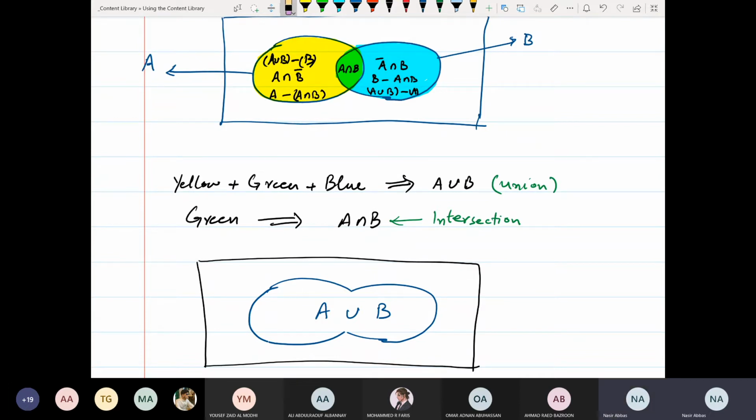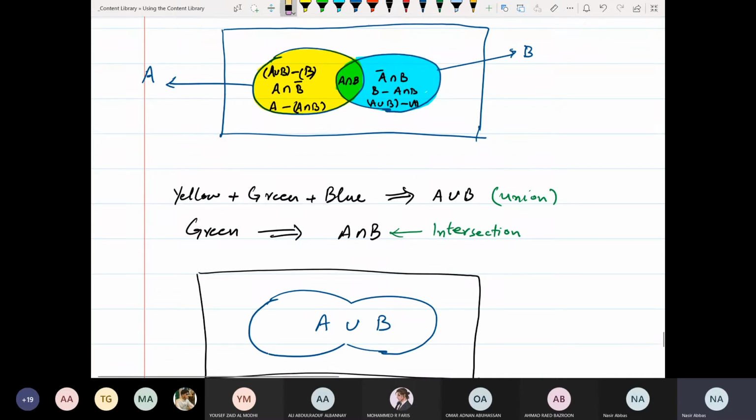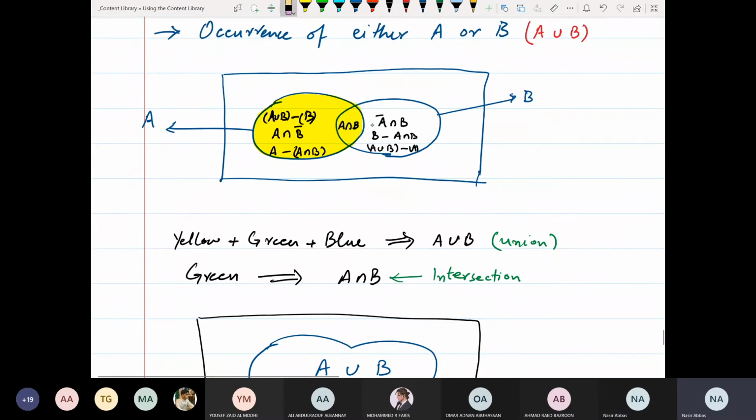Ahmed Raid: Doctor, A intersect not B will include the box too, so it should not be correct. Which one? A intersect not B? You mean the middle one?